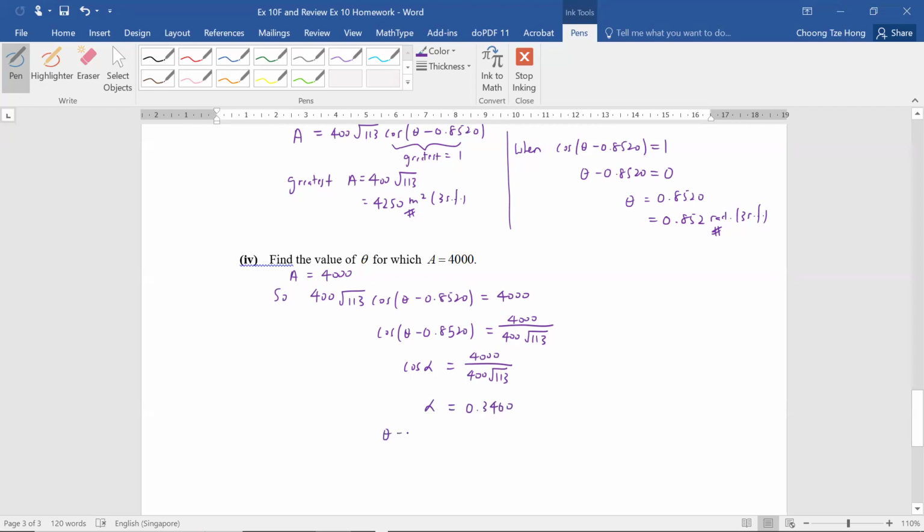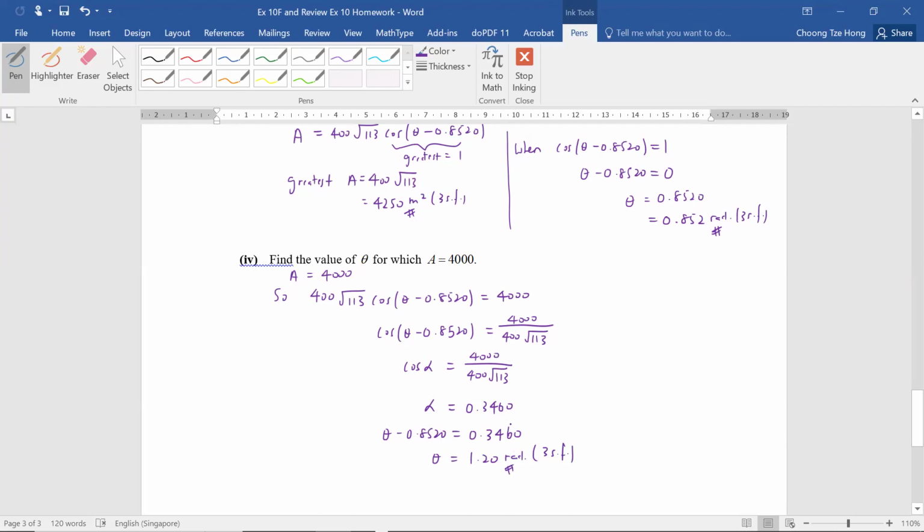Cosine is positive, so it's either first or fourth quadrant. The fourth quadrant answer will be too big, so we'll just take the first quadrant answer. You bring the 0.852 over to add, you will be able to get 1.20 radians. Okay, so this will be 3 significant figures.